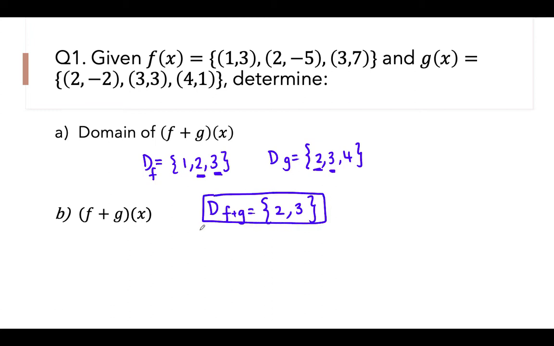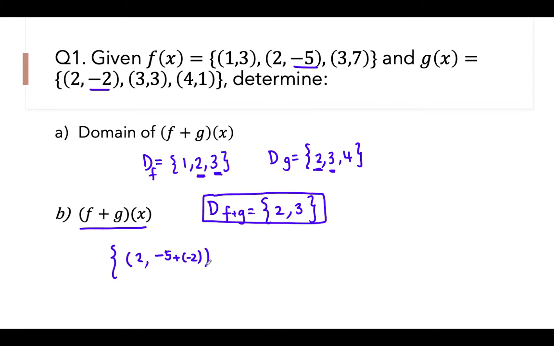So that will be the domain for f plus g. Okay, now we are looking for this expression. We're adding the two functions. That means you first have to figure out the x values where they overlap, so it would be 2 and 3 only. You keep the x value the same, and for the y value, you're going to do the addition. So 2 stays the same, and the y values are -5 and -2, and we're going to add them: -5 plus -2.